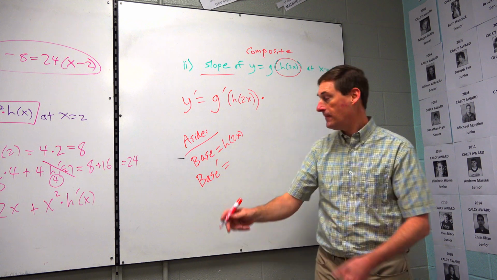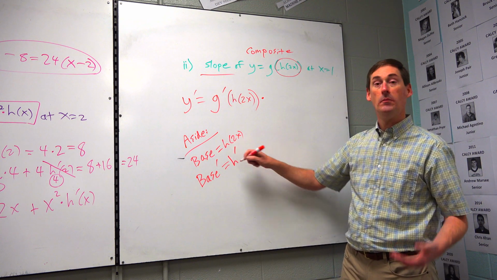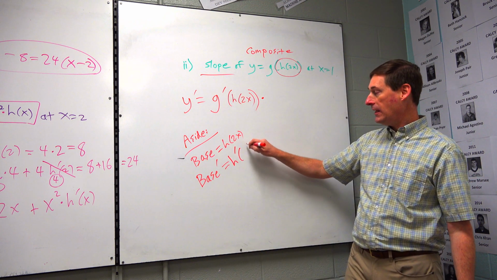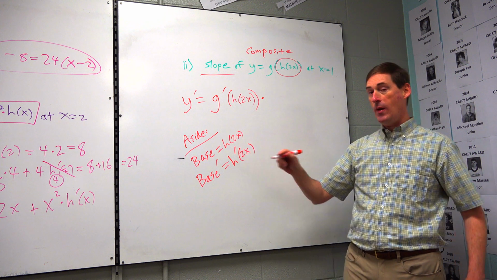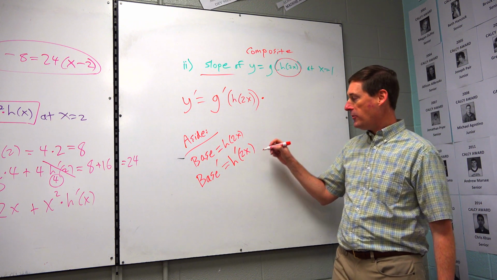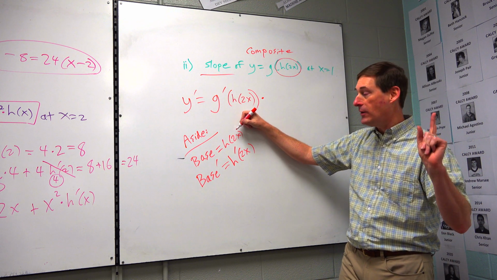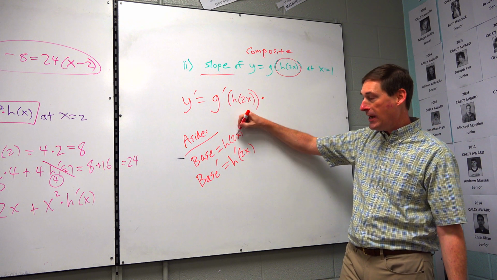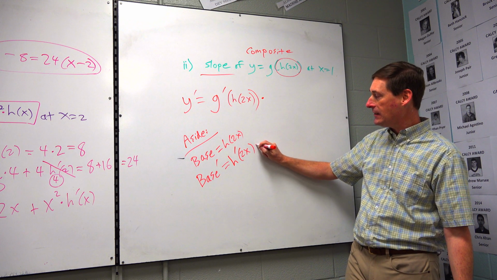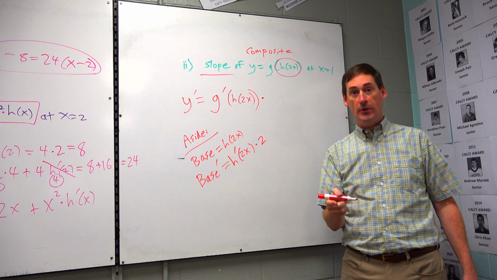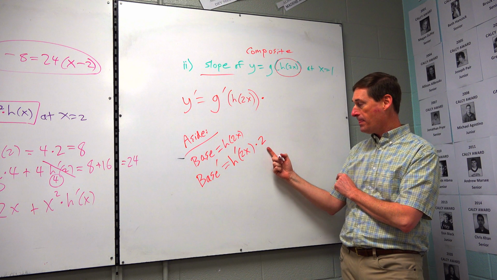Derivative of h is h prime, but its base stays 2x, but then you go back and say, wait a minute, 2x, you never went through the derivative process. The chain rule of 2x is 2. The derivative of 2x is 2, right?